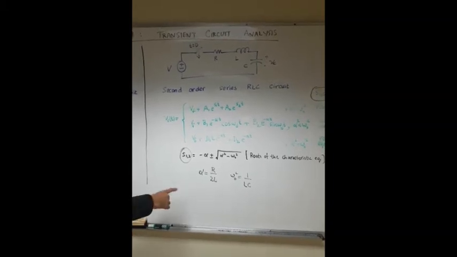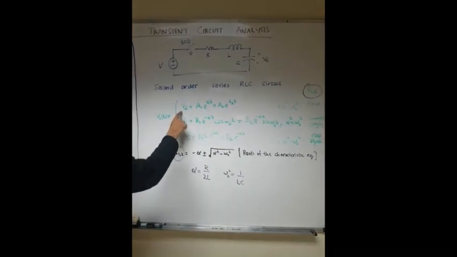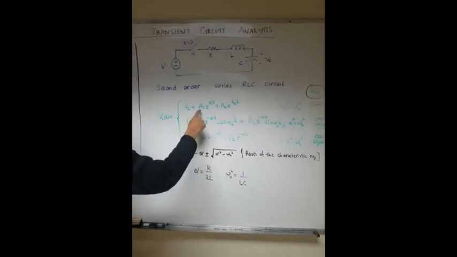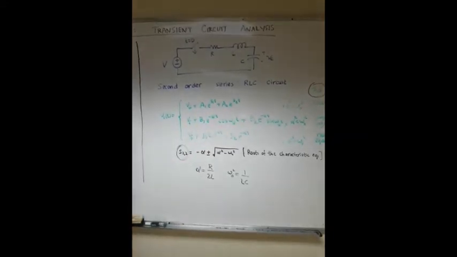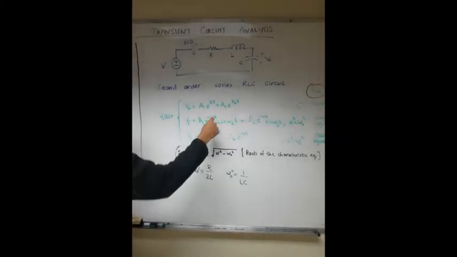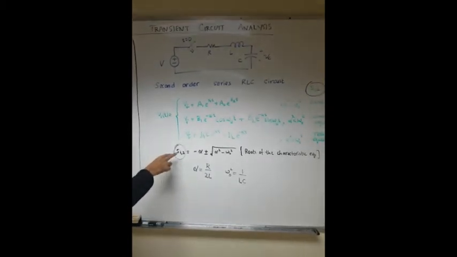Now if alpha squared is greater than omega naught squared, we will get this solution: Vf plus A1 e raised to the power S1t plus A2 e raised to the power S2t, where S1 and S2 are the roots of the characteristic equation. We will see them shortly.